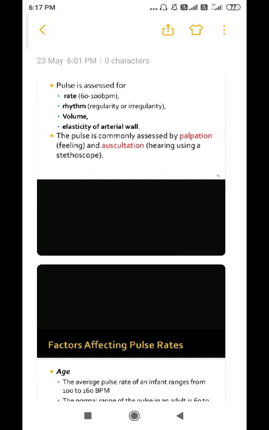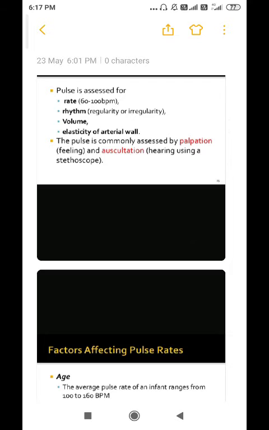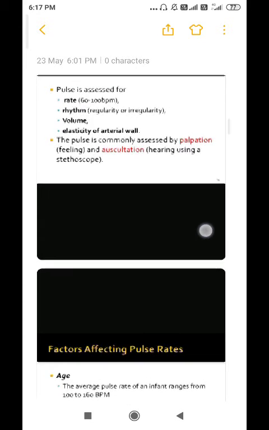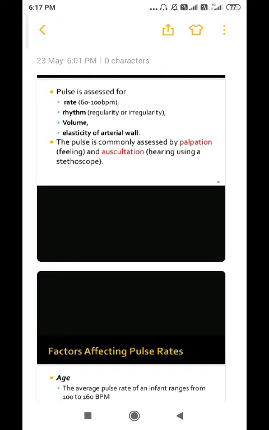For example, you should check the patient's pulse rate with your stethoscope or else with your fingers.